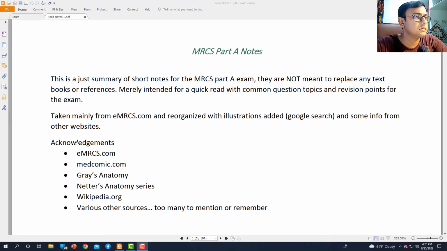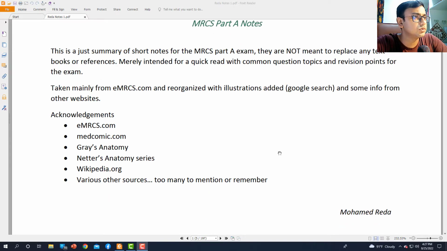Here the acknowledgement, MRCS, is our basic need, but the contents of these notes are gathered from Gray's Anatomy, the student copy. The pictures are taken from the Gray's Anatomy student copy, and the clinical parts come from the Data Anatomy series as well as Wikipedia.